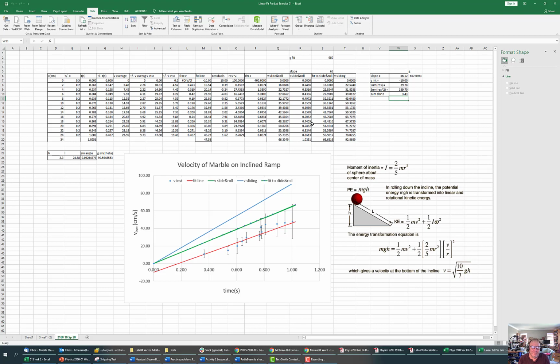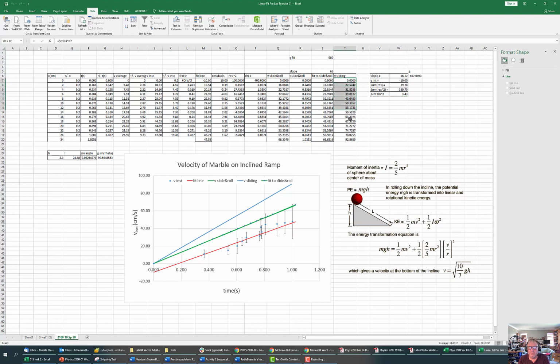What's going on? Well, the original lab was using a sled on a frictionless surface, and that would have slid along and followed this blue line. This blue line has the correct slope, and that is here, V sliding right here.